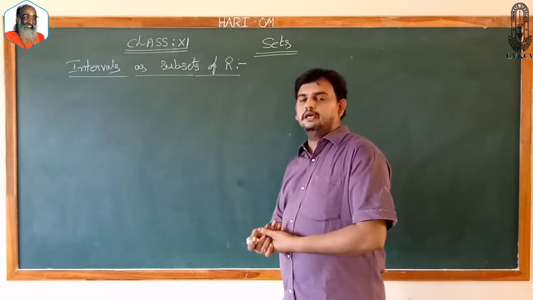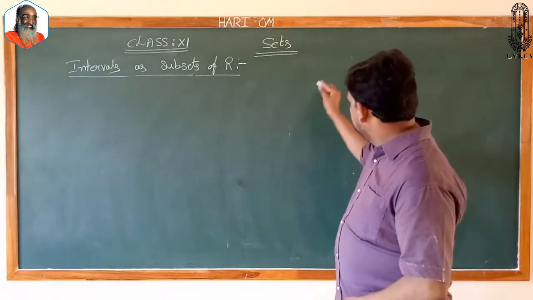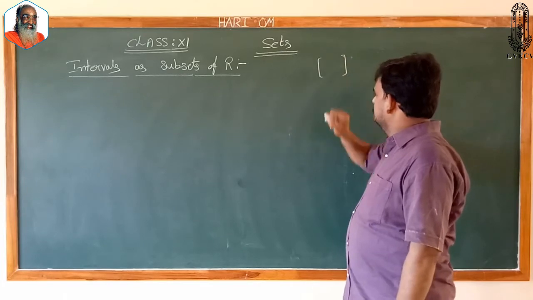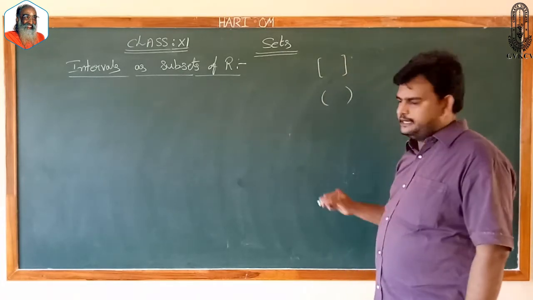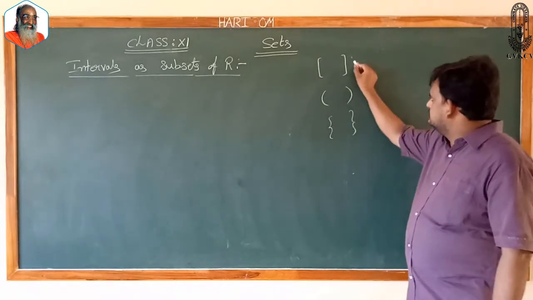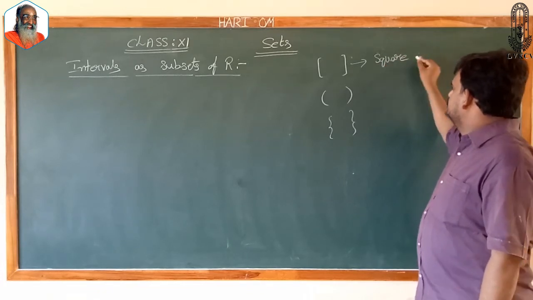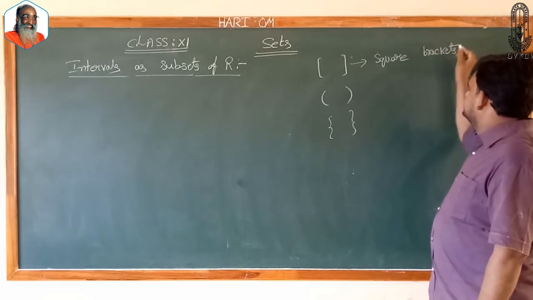Basically in mathematics we have three types of brackets. The brackets are square brackets, open brackets and flower brackets. These are nothing but called square brackets.